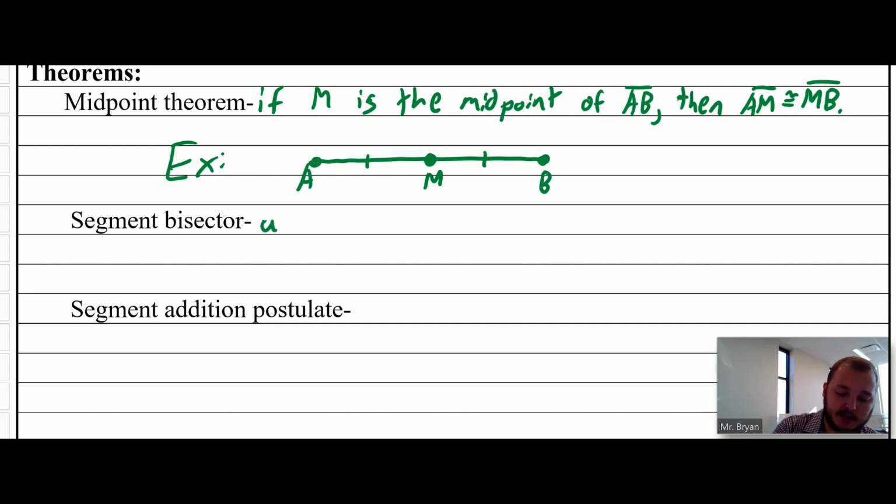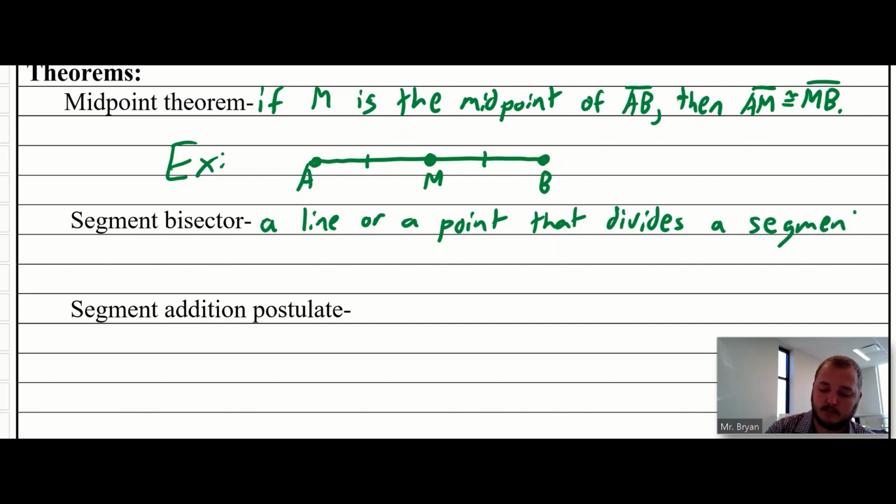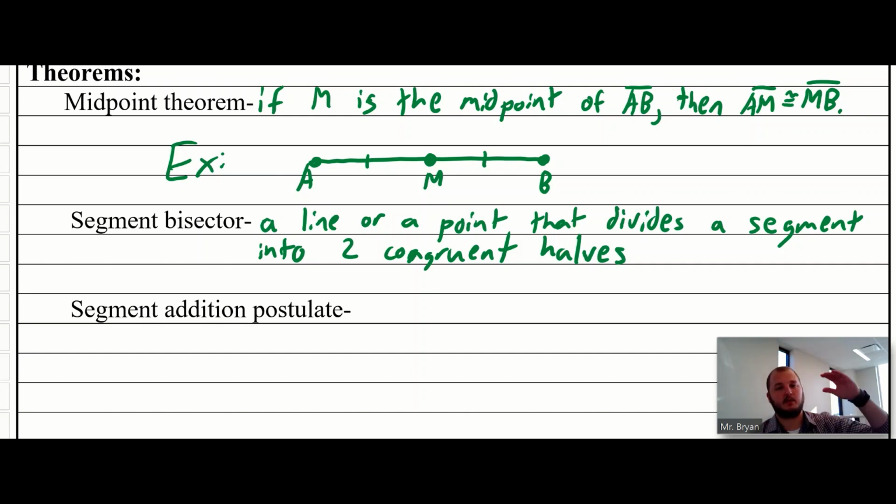This is just a line or a point that divides a segment into two congruent halves. Okay, we'll see that word bisect a lot throughout this year, so make sure you understand what that means. It means it's cutting it into two congruent halves.